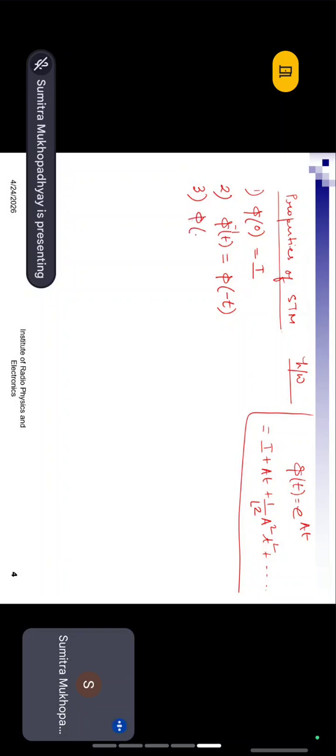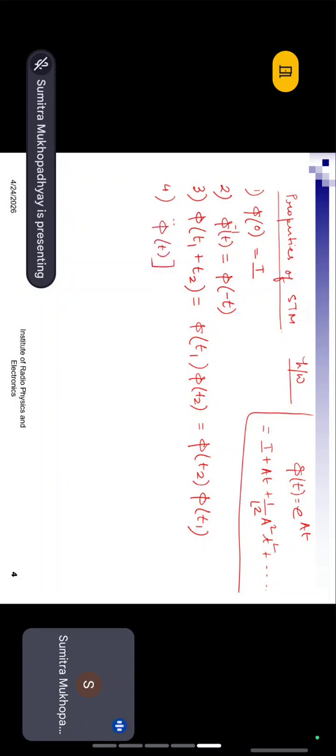The third property is phi of t1 plus t2, that is equal to phi of t1 into phi of t2, that is equal to phi of t2 into phi of t1. That we have to prove. The fourth one, phi of t to the power n, that is equal to phi of n t.